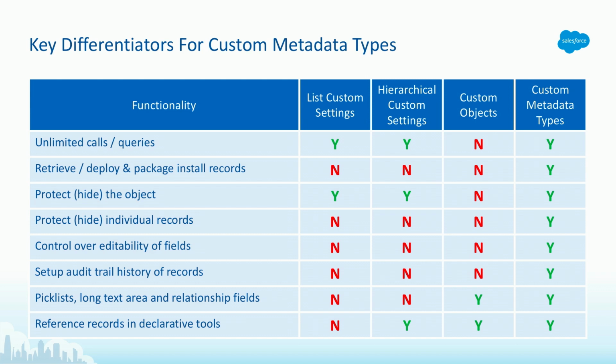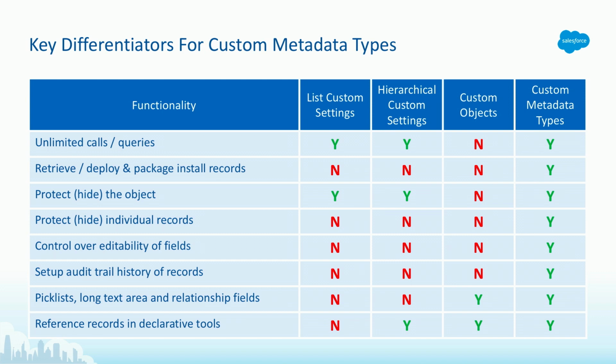Unlike custom objects and custom settings, where you rely on Apex scripts or admins populating them after the deployment. With custom metadata types, this is not a problem. On top of that, they're cached, meaning that they do not count against your SOQL limits. So you can query custom metadata type records without worrying about running into governor limits and without worrying that you will no longer be able to perform those queries.